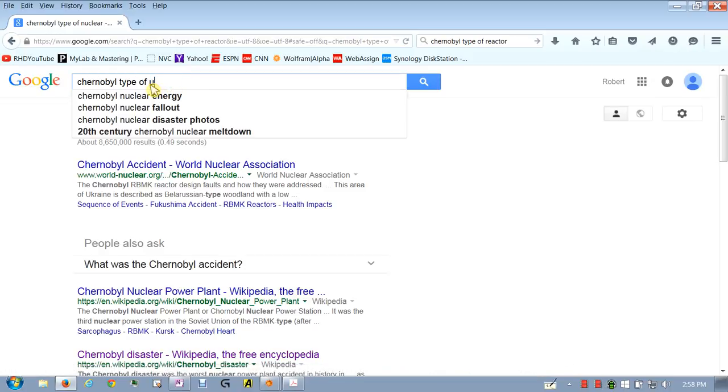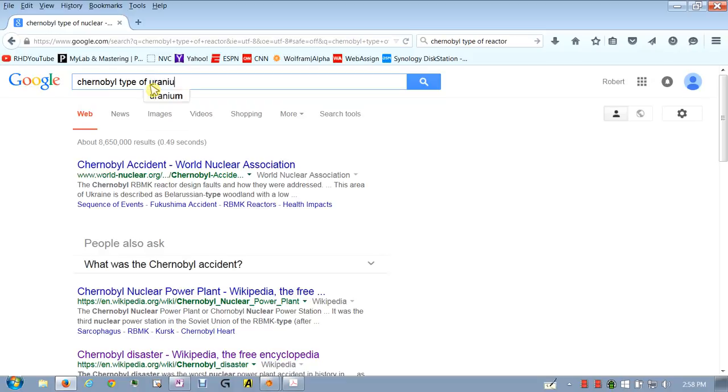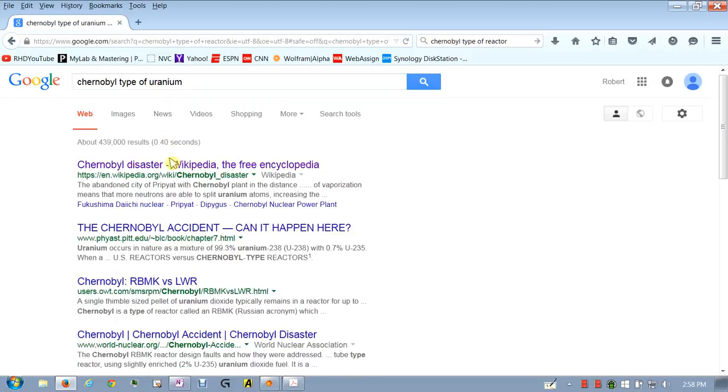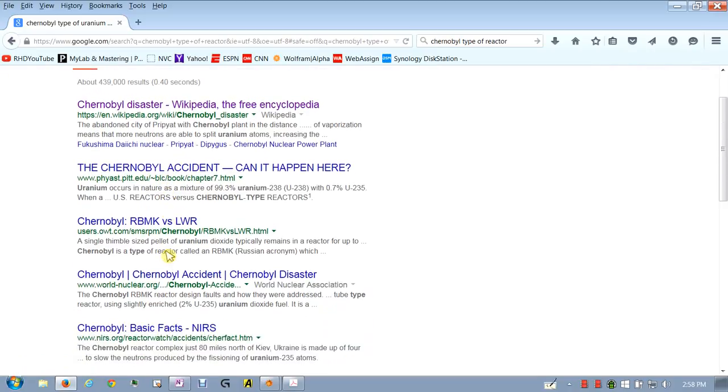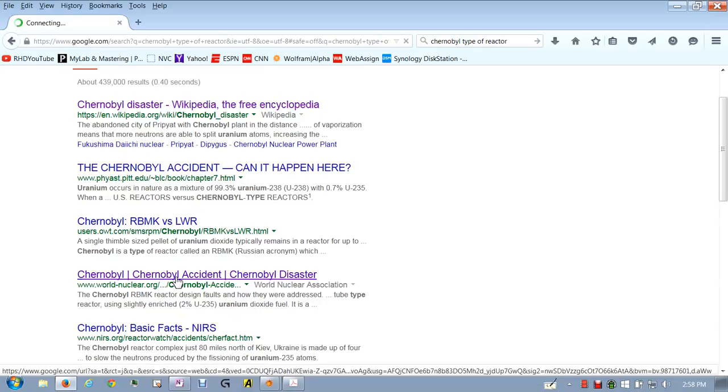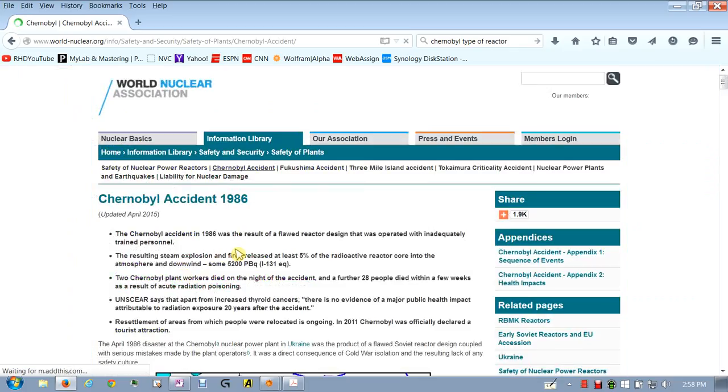But it's uranium. U-235, it looks like. Or is it 238? Chernobyl accident, and so on.